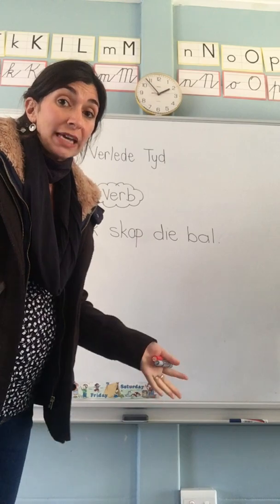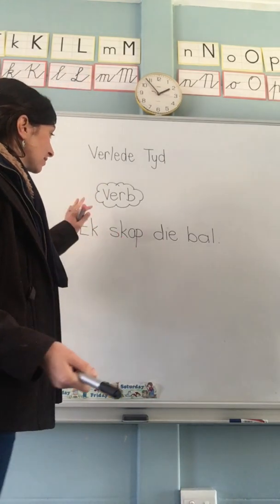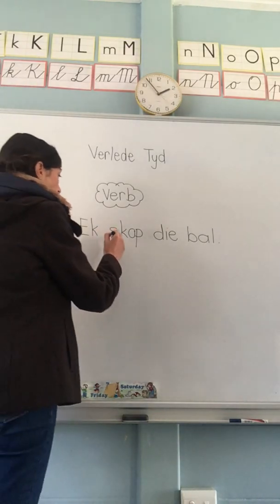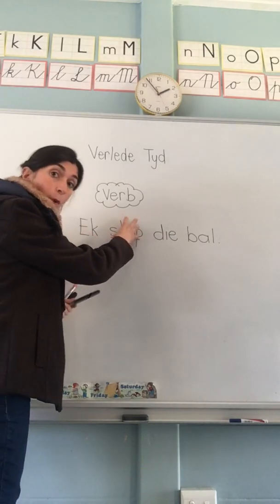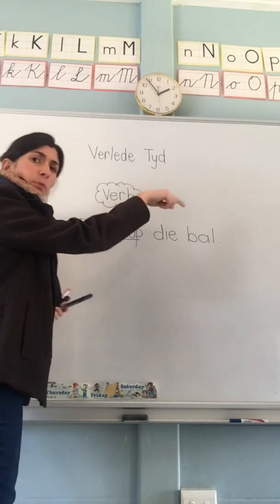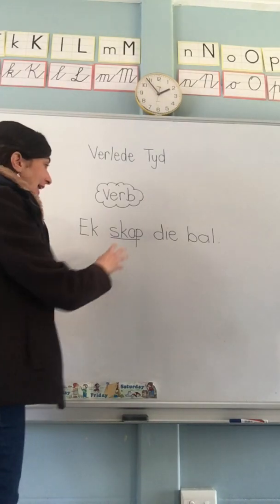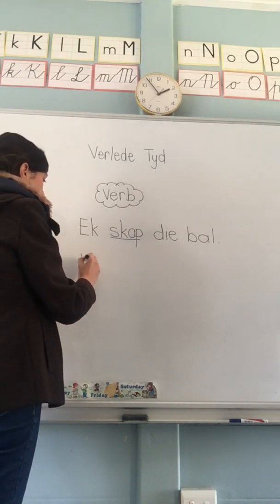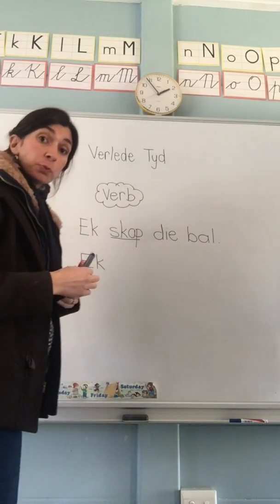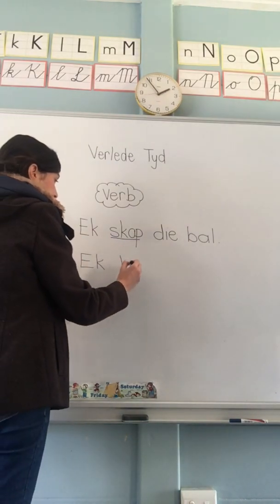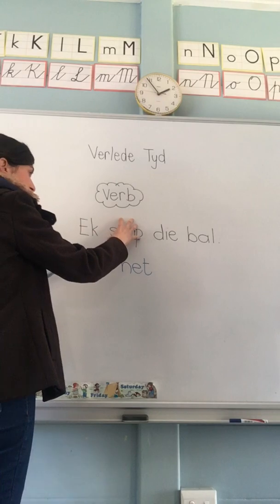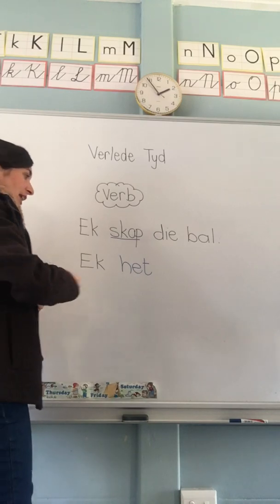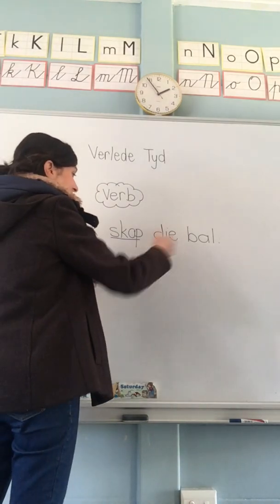Now, because there's no "is", I've got to look for the doing word, which is, you guessed it, skop. Okay? And what I've got to do with skop is I'm going to take skop out and I'm going to put it at the end of the sentence. And in skop's place, I'm still going to have ek. Now I'm going to put a word, het. Okay, so in skop's place, I've put het. So take skop out, put het in its place. Then I'm going to carry on with my sentence. Ek het die bal.